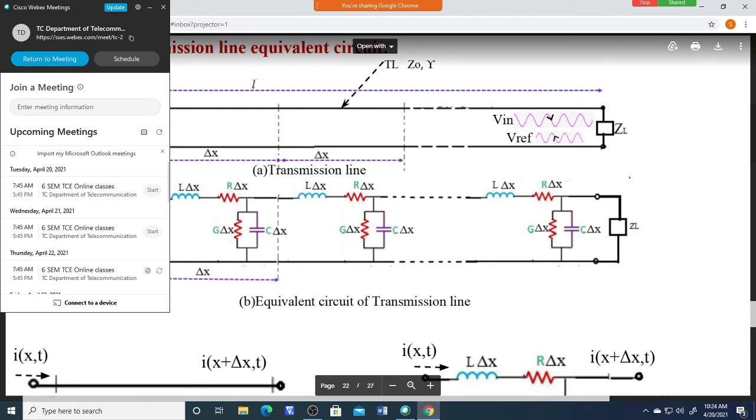So if you want to find the voltage at any point over this transmission line, at any instant of time there are two waves traveling over this line, one in the forward direction and another in the backward direction. So, the voltage at any point over this transmission line.